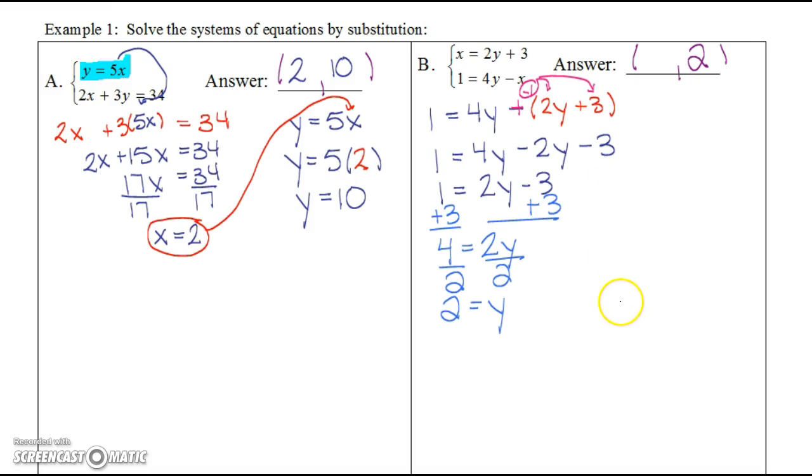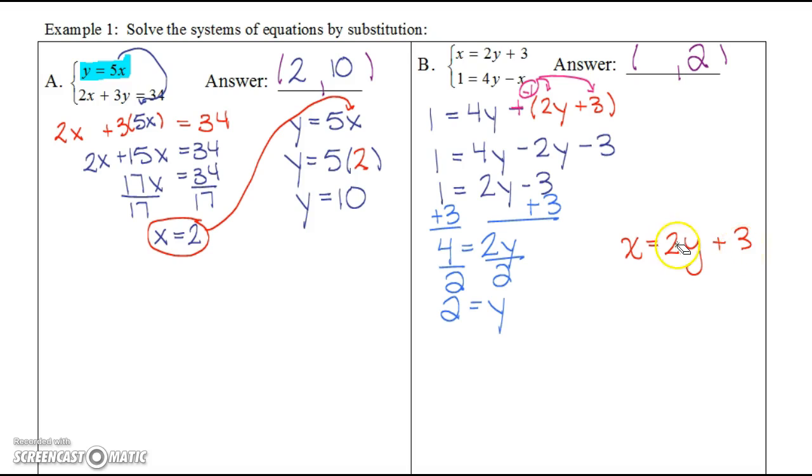Let's look at finding the x value. For my x value, I can choose either equation. I just think the first one looks a little easier. So x equals 2y plus 3.